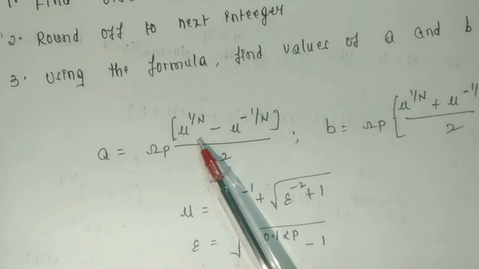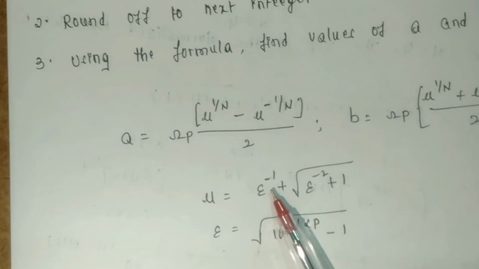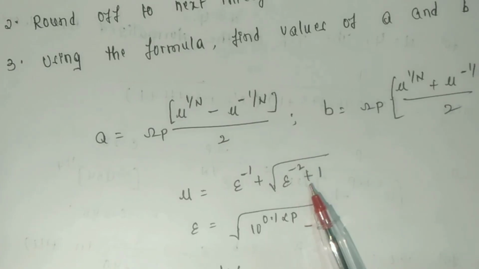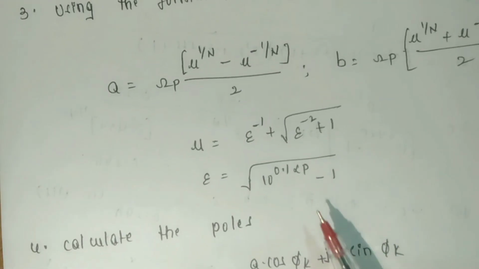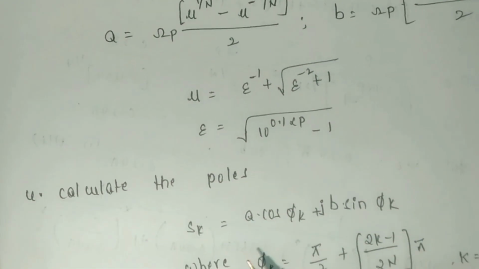For a it is minus, for b it is plus. And mu is equal to epsilon power minus 1 plus the square root of epsilon power minus 2 plus 1, where epsilon is equal to the square root of 10 power 0.1 alpha p minus 1. If you know a and b, you can calculate sk, which are nothing but the poles.